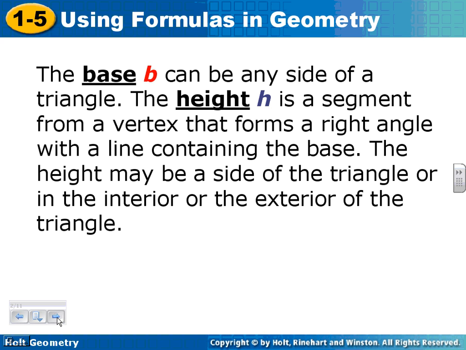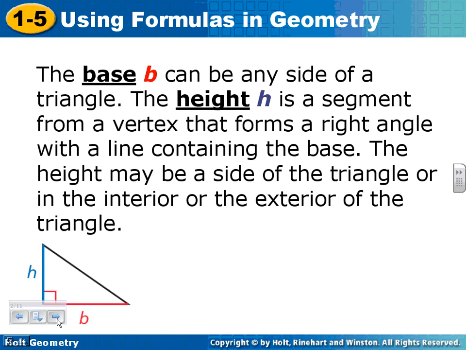The base, b, can be any side of a triangle. The height, h, is a segment from a vertex that forms a right angle with a line containing the base. The height may be a side of the triangle or in the interior or the exterior of a triangle.